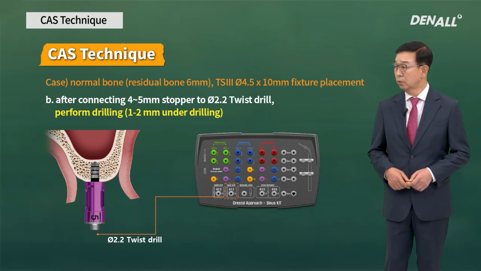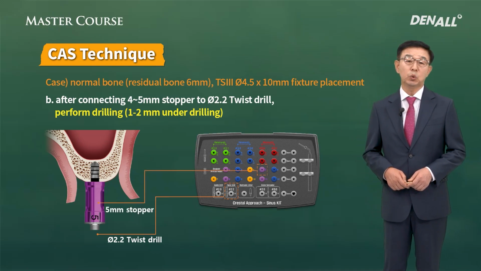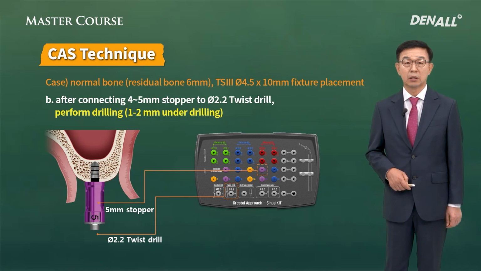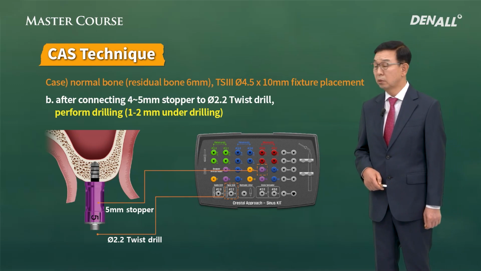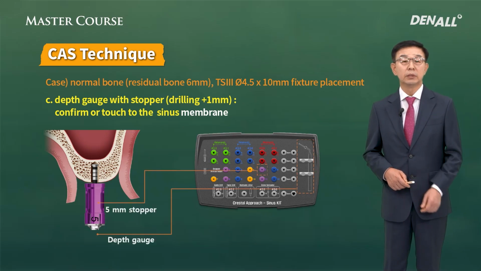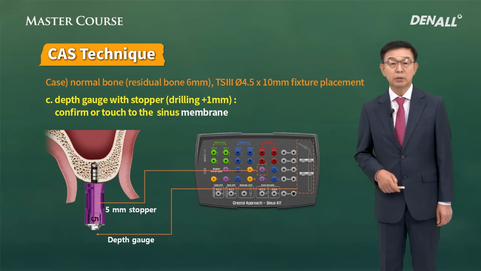The residual bone is 6 mm. So in most cases, a 4 to 5 mm stopper is used and drilling is done. 1 to 2 mm under drilling has been done. If necessary, use stopper and check whether the sinus floor has been penetrated.